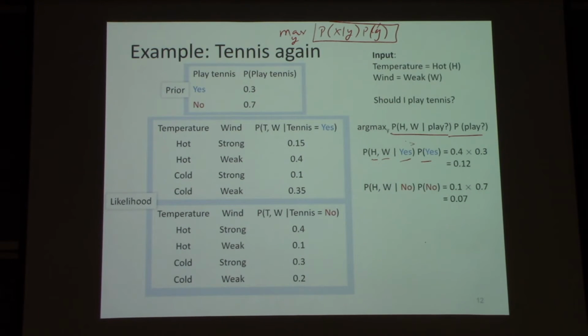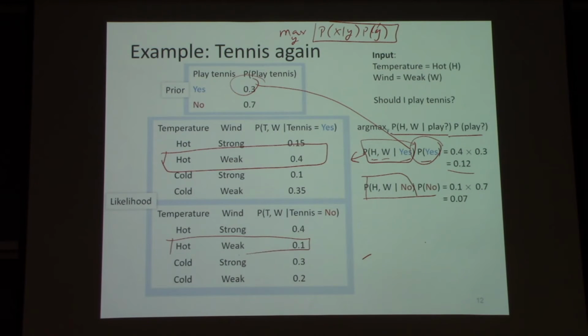When play equals yes, this number comes from the top, so it's from this row here, times the probability of yes, that's this quantity here. You multiply them, you get 0.12, and then you do the same thing. The probability of hot, weak when it's no is from this entry here, when you don't play tennis, and this comes from the prior.